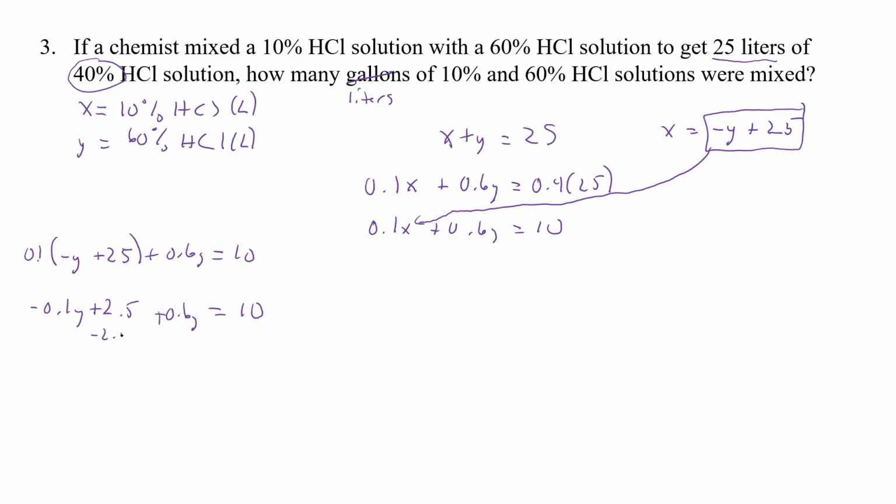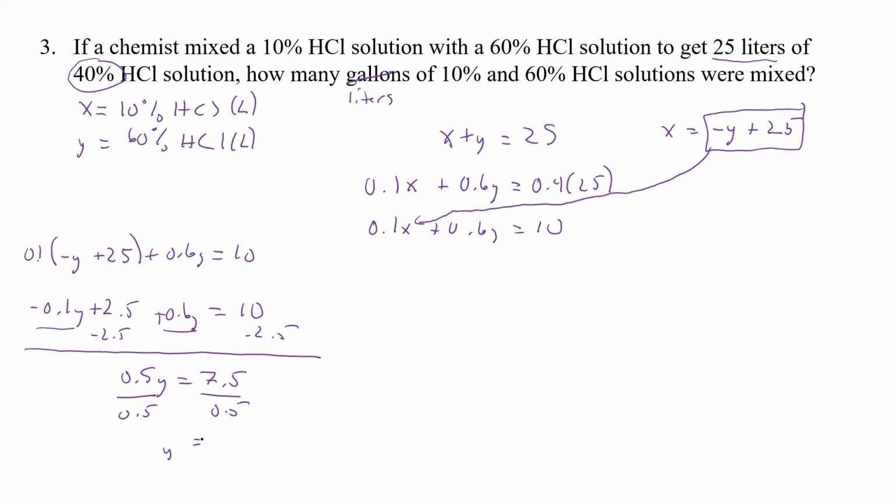Well, I can subtract my 2.5 here, and then I can add or subtract, depending on how you want to look at it, those two. 0.6 minus 0.1 is 0.5. And 10 minus 2.5 gives me 7.5. Now divide by 0.5.